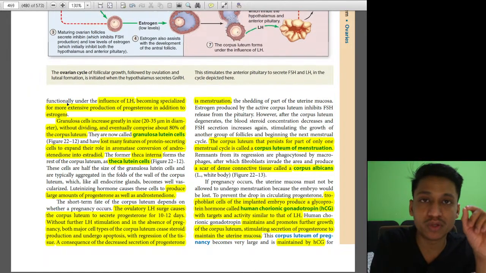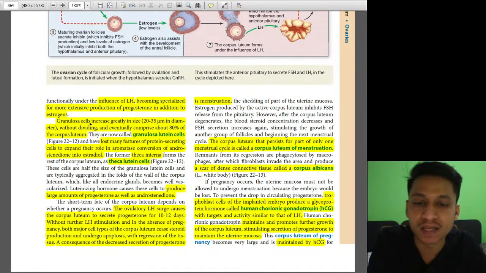Granulosa cells increase greatly in size without dividing and eventually comprise about 80% of the corpus luteum. They are now called granulosa lutein cells and have lost many features of protein-secreting cells to expand their role in aromatase conversion of androstenedione into estradiol, as I said.